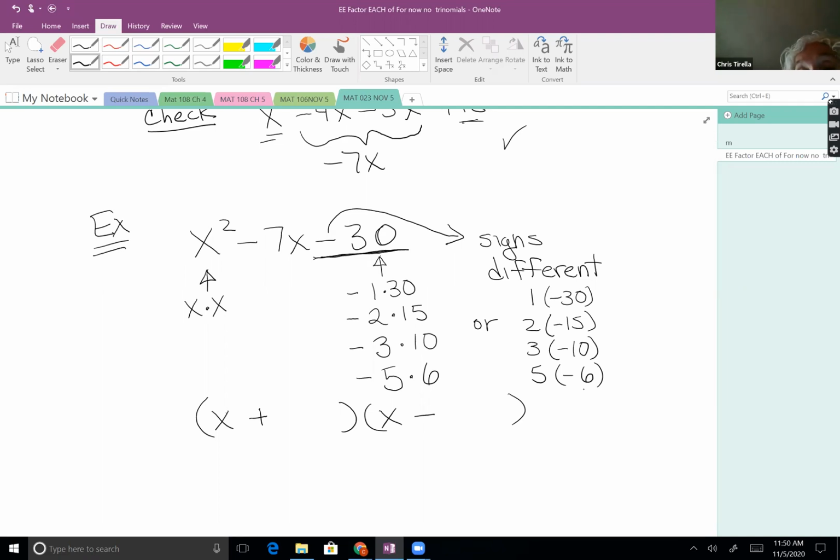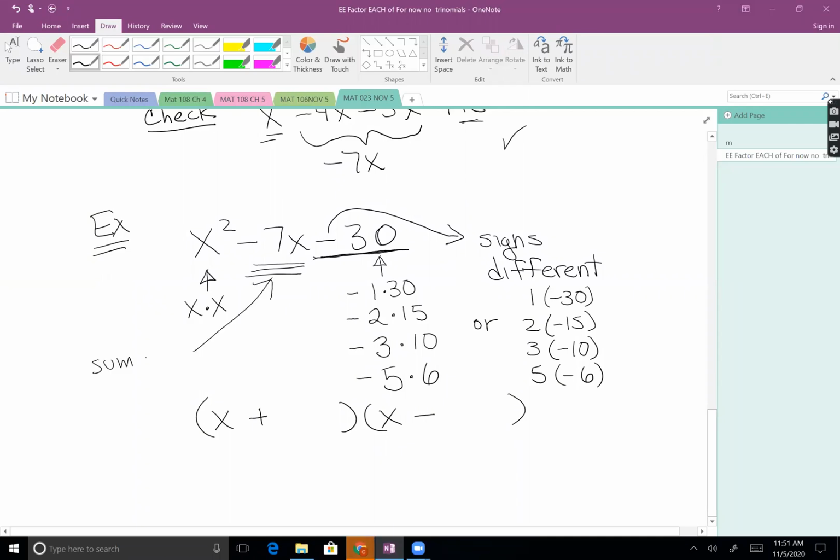Because I only have 1x squared, which of those possibilities, now I'm looking at the middle, add to negative 7? Negative 1 and 30 would be positive 29. These guys add to positive 13.